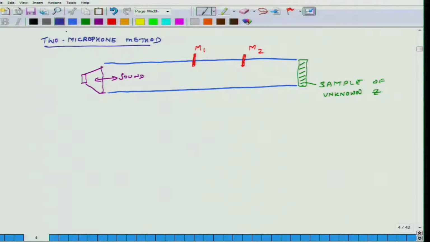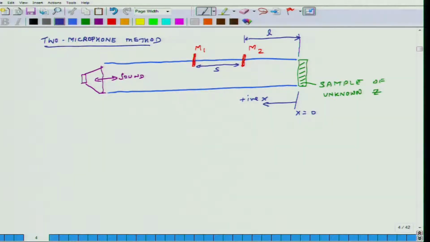One important thing to remember is that in this case, this is my x equal to 0, and conventionally we have taken x as positive when we move from the origin to the right side, but here we will use this as positive x. The spacing between these two microphones is S, and the position of the second microphone with respect to x equal to 0 is L.